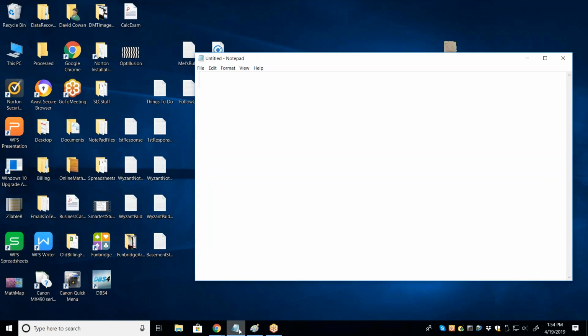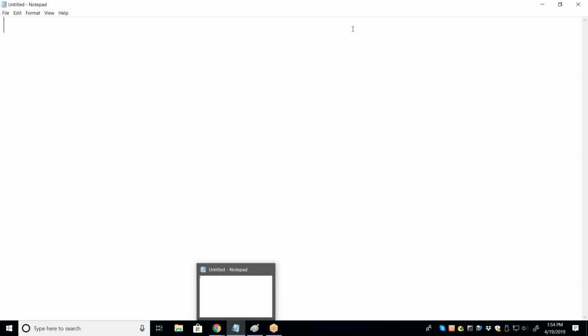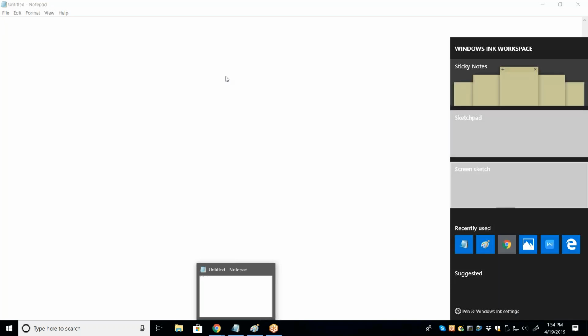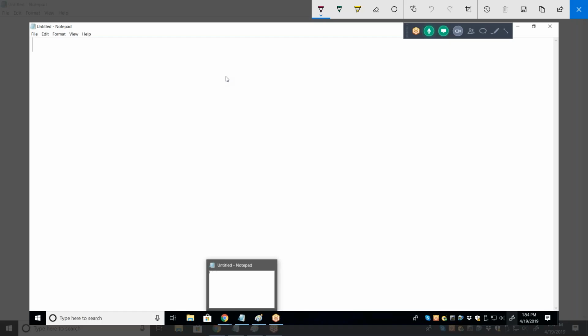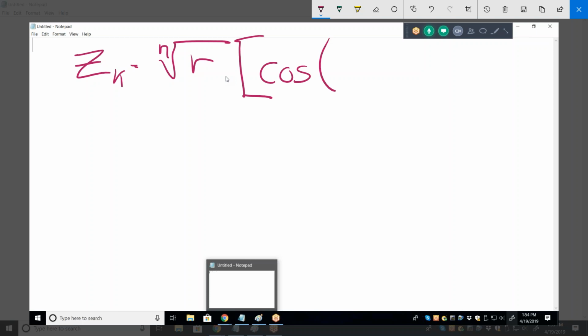We'll end today's session with De Moivre's theorem. Notice that's the root.